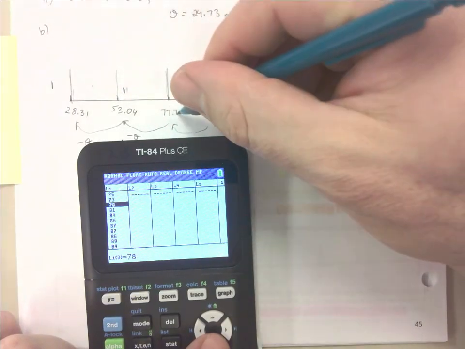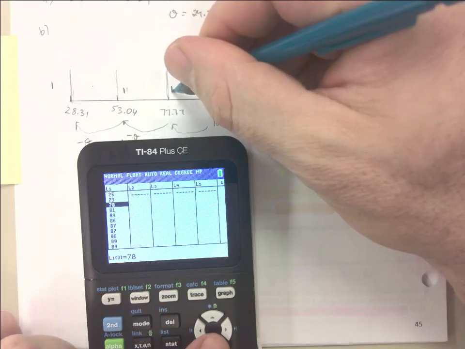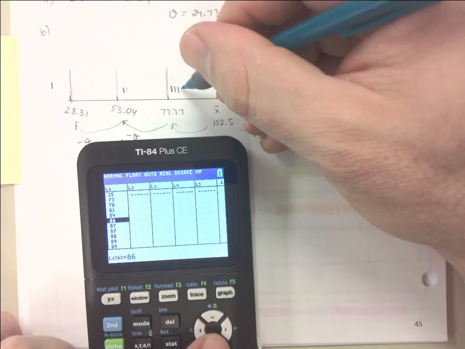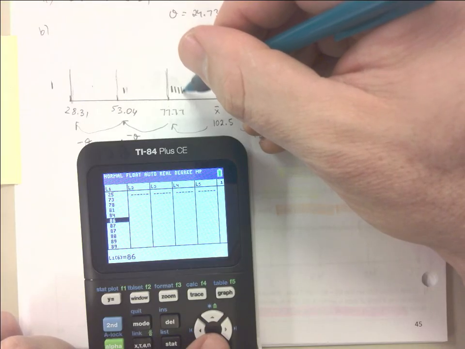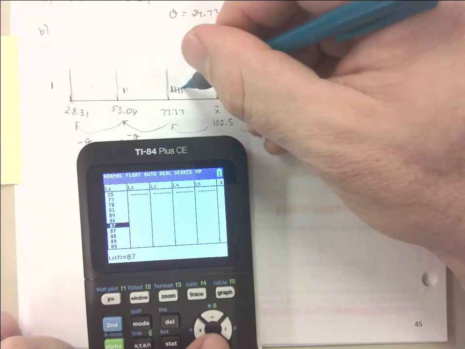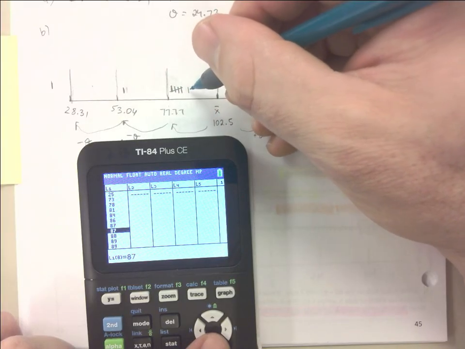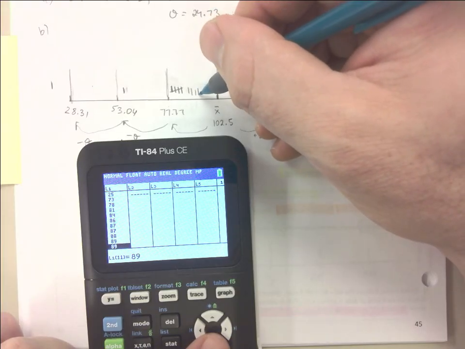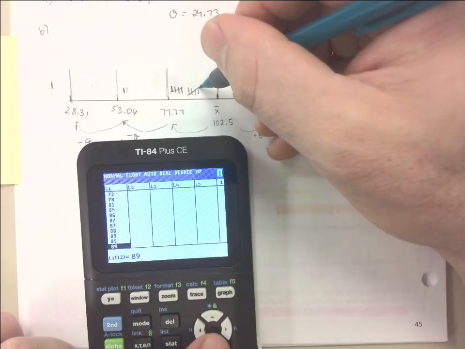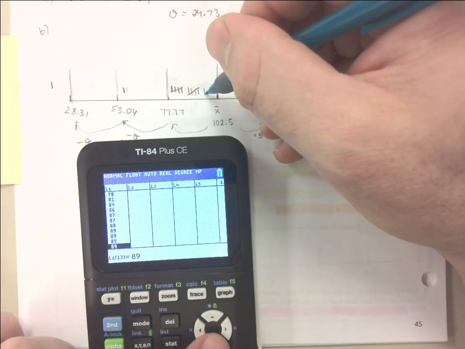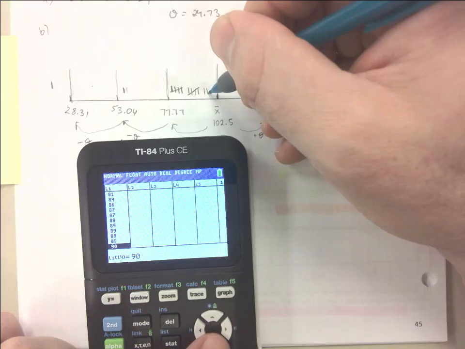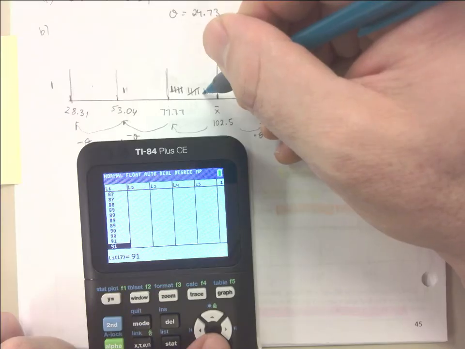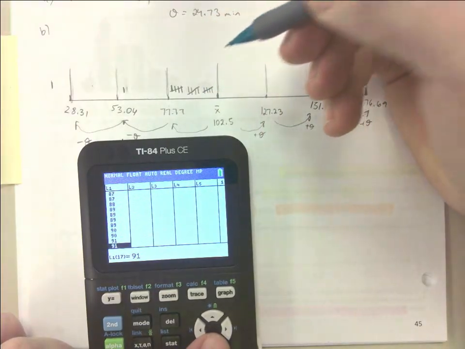It goes into 77 and 102. 78, 81, 84, 86, 87, 87, 88. Take your time. 89, 89, 89, 89, 90, 90, 91, 91. So now we're 15 values in there already.